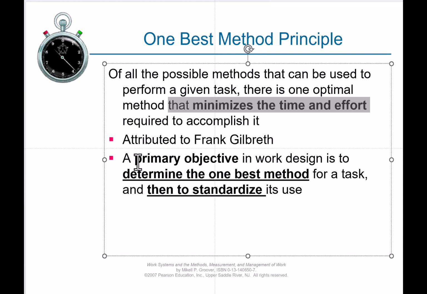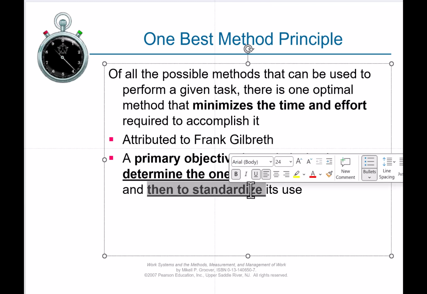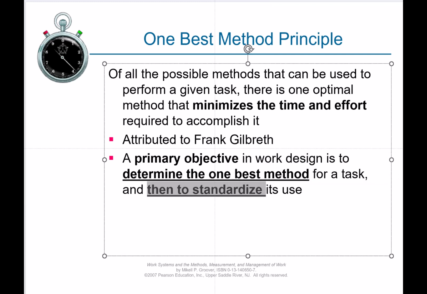Okay, so that's the primary objective in work design, to determine the one best method. And then the next challenge, once you come up with the best method, is to make sure that everybody starts to use the same method. In other words, we standardize it, make sure that it's a standard and everybody follows the same recipe.